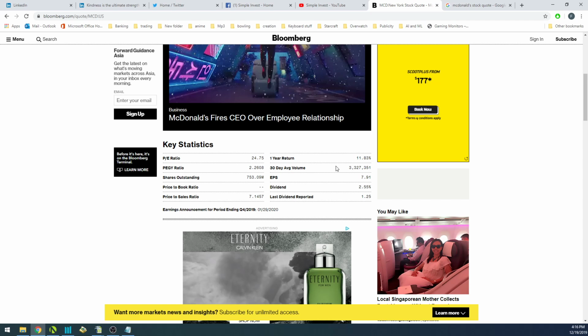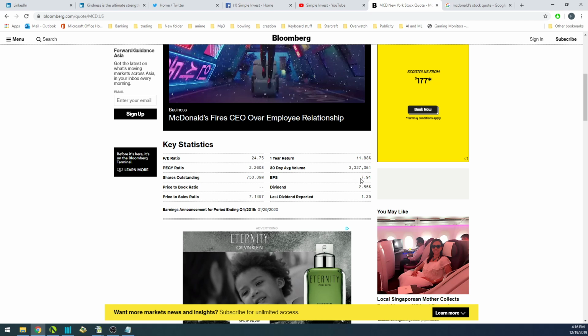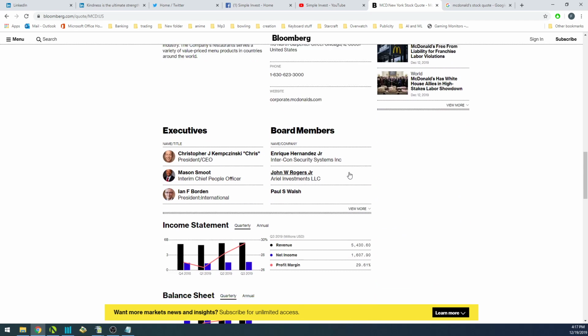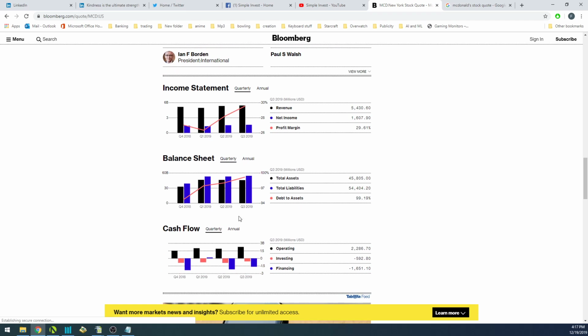You have to look at their income statement, their 1-year return, and their earnings per share, dividends, and their income statements. So it looks like revenue is going up, profit margin is going up, looks nice. Net income is still pretty stable. Let's look at their annual earnings.